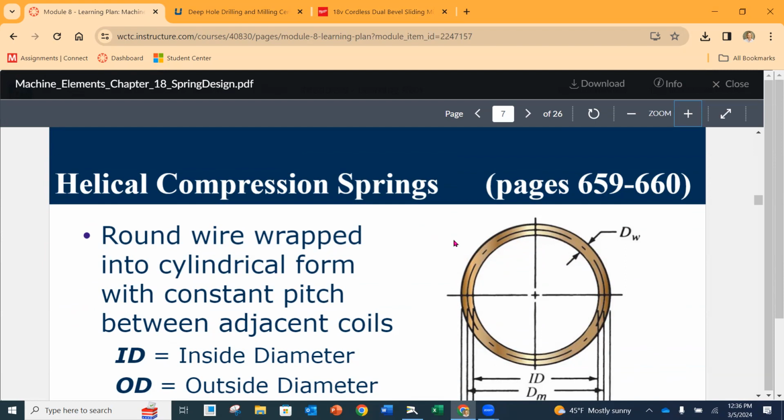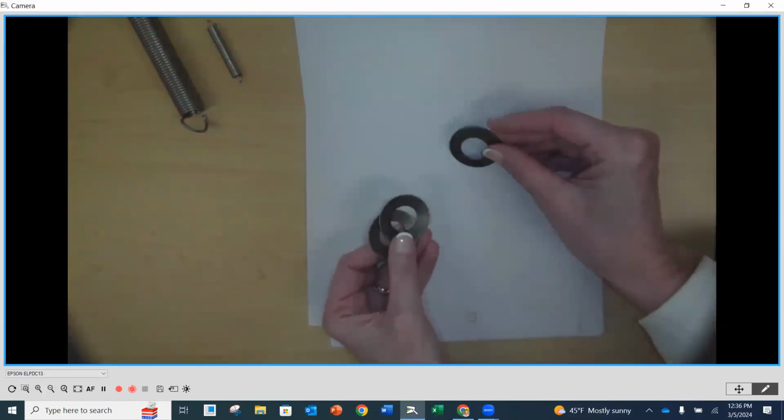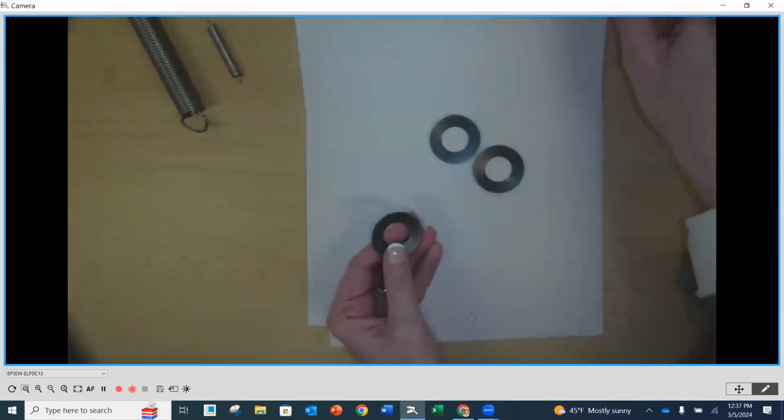How do they wear and fatigue? So the question is, how do they wear and fatigue? Like any other piece of metal, it's going to have a finite life. But you would just use the vendor to look up the life for that specific spring and the equations for that.